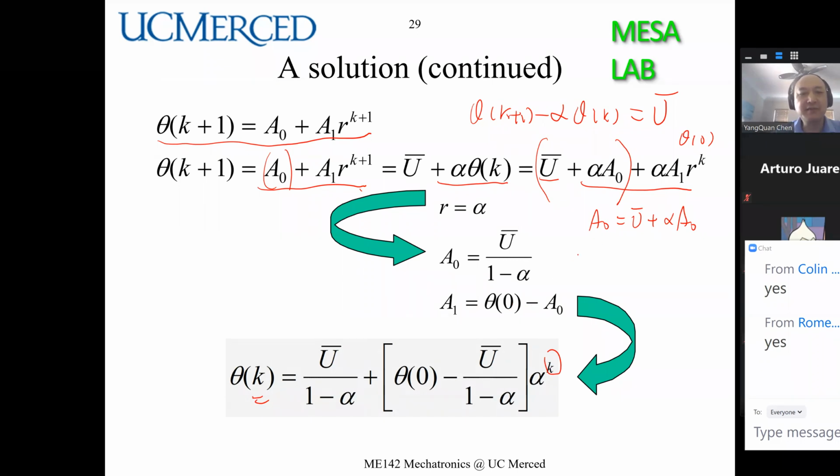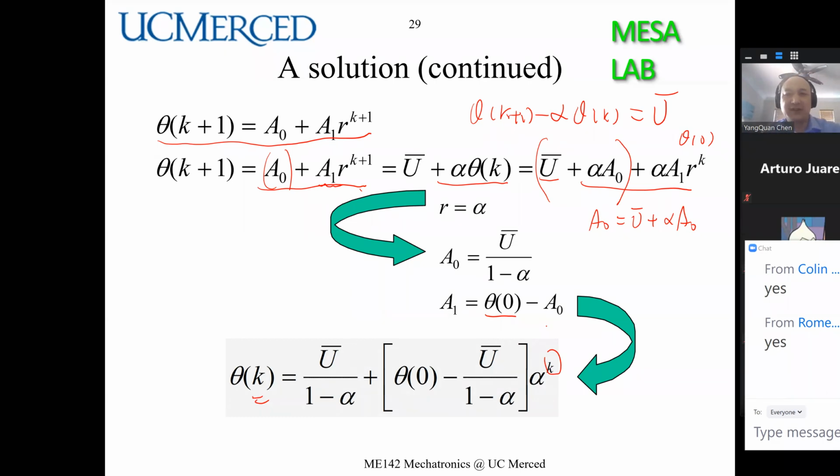By setting k, let me say, A1 is theta 0 minus A0. Why is this so?